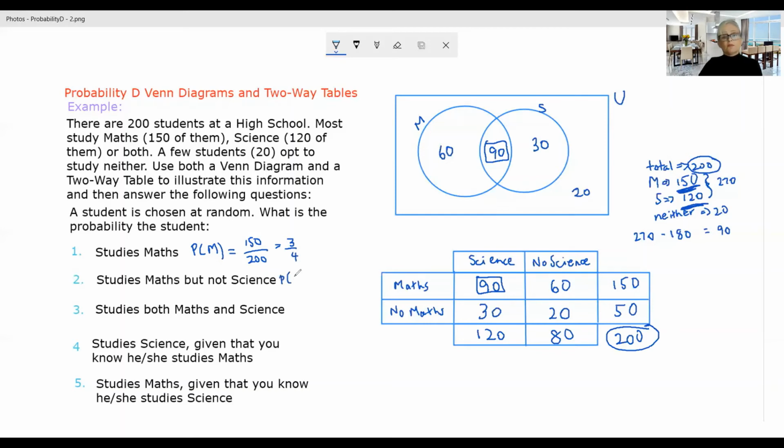Probability that they do maths and not science. So we could do that as I'll talk about complement in a minute, but not science we can write like that. So maths but not science is these people here. So it's 60 out of our 200, which is what? 3/10.